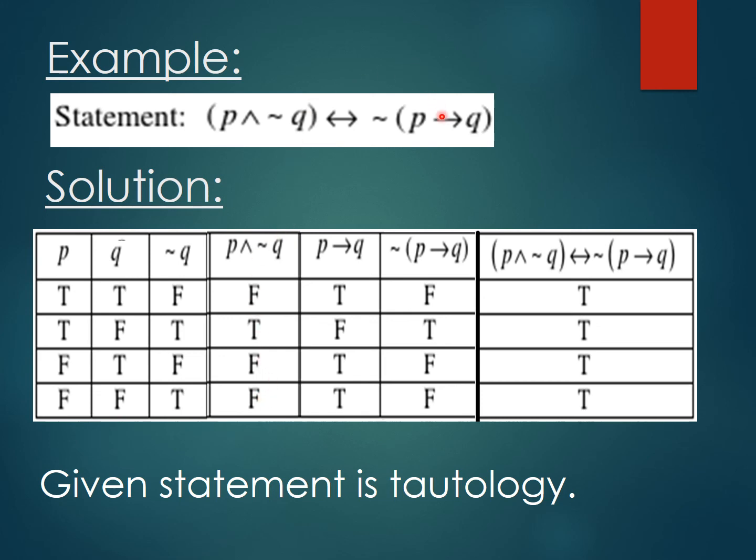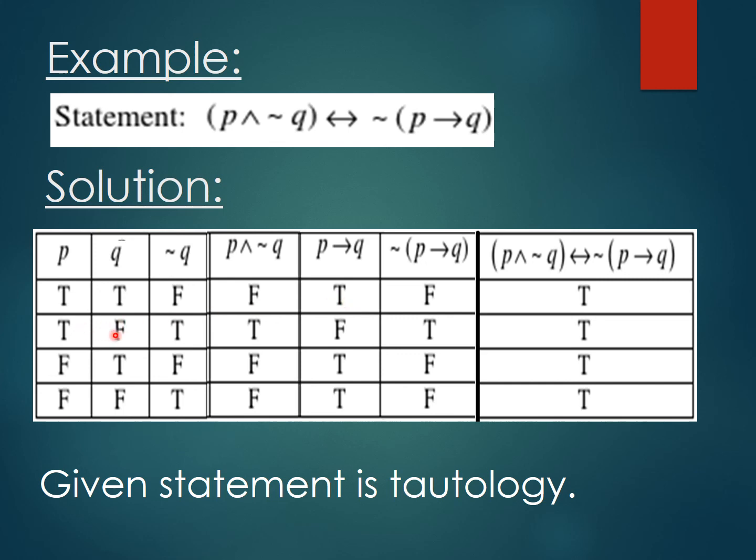Now see the right hand side of your given question. It is not of P implies Q. So we are going to make P implies Q first and then we will apply not on it. Implies means that when the first is true and the second is false, then the answer is false, else it is true. So P is true, Q is true, answer is true.